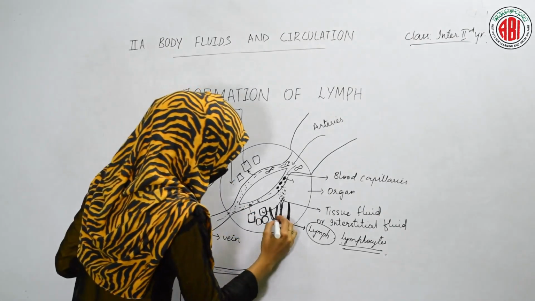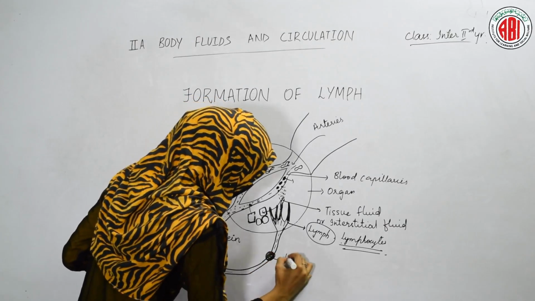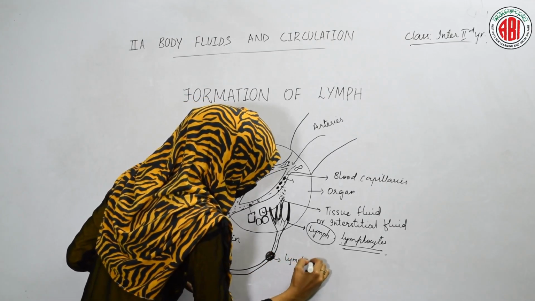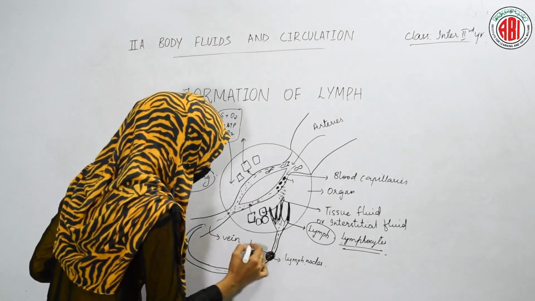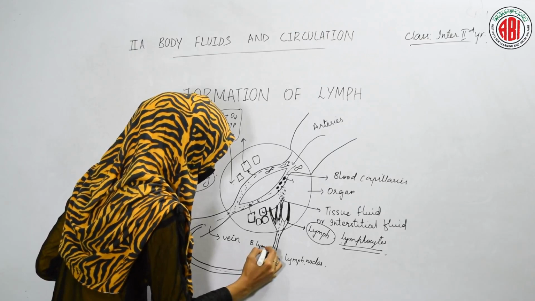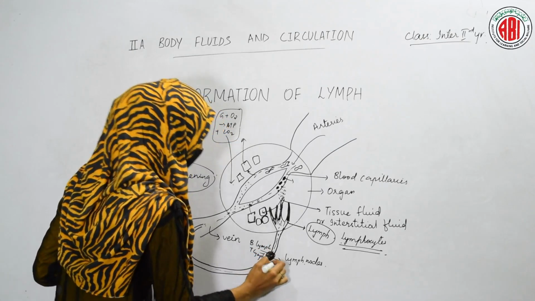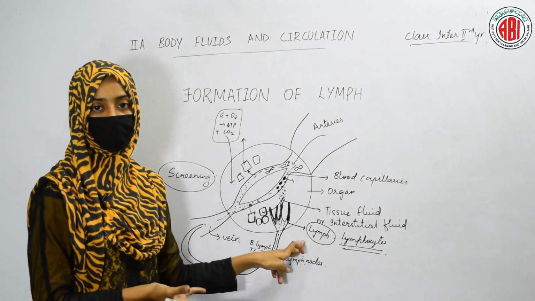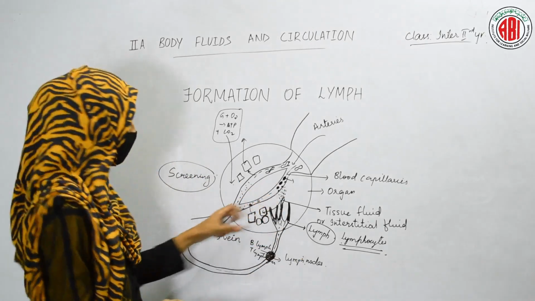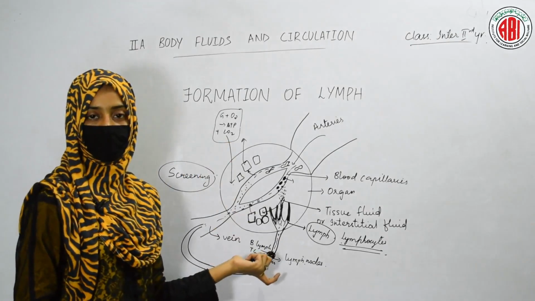In the lymph vessels, some nodes are present. These nodes are called lymph nodes. Inside the lymph nodes, many B lymphocytes and T lymphocytes are found, so they start their function. They screen the lymph, the fluid taken by the lymph vessels, to see whether bacteria is present or not.